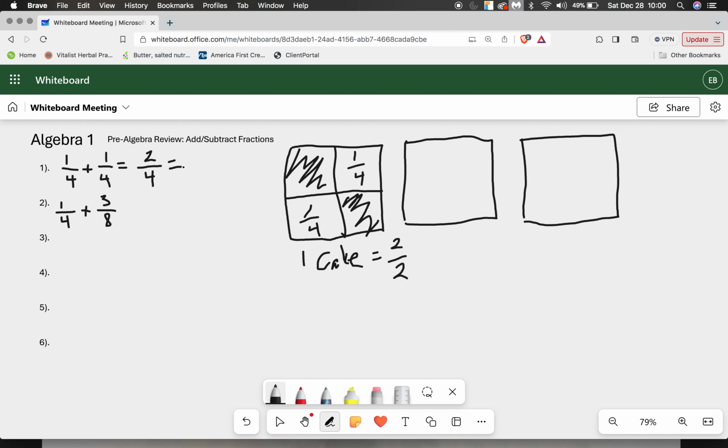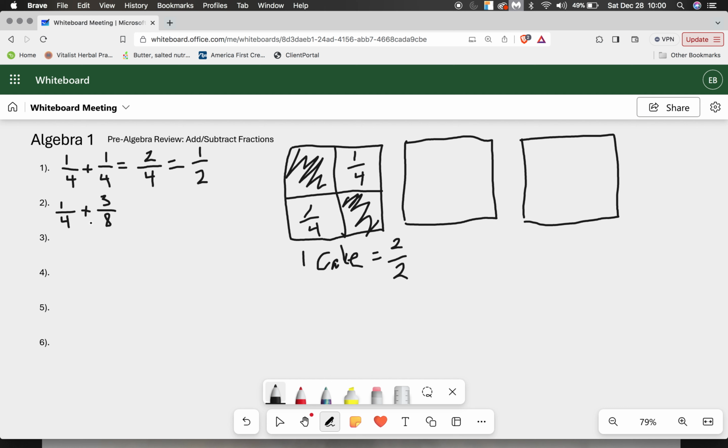But if we look at this, we can divide this by 2, right? 2 divided by 2 is 1. 4 divided by 2 is 2. So we still have half the cake left, but we write it as maybe 2/4 because the 2/4 aren't right next to each other, so it doesn't totally look like 1/2 of the cake. So that's the easy first problem.